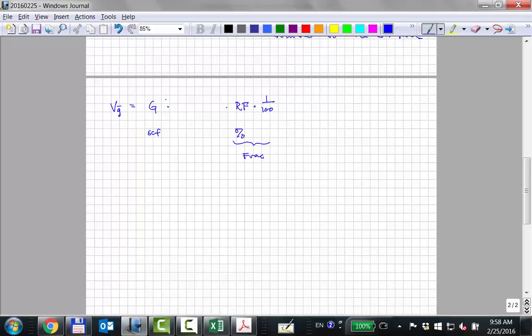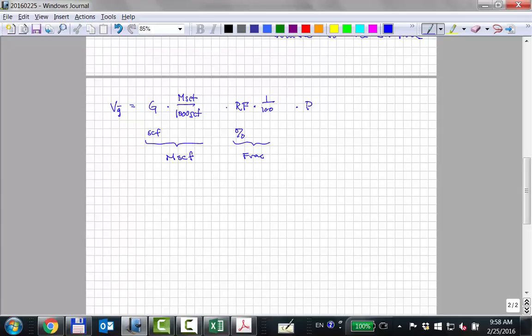This we need in MCF because the price is in MCF, right? So we need 1 MCF is 1,000 standard cubic feet, right? This gives us gas in place in MCF.